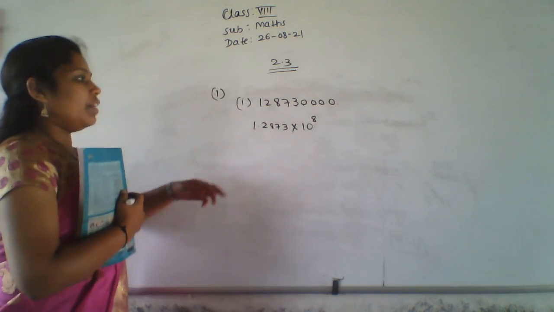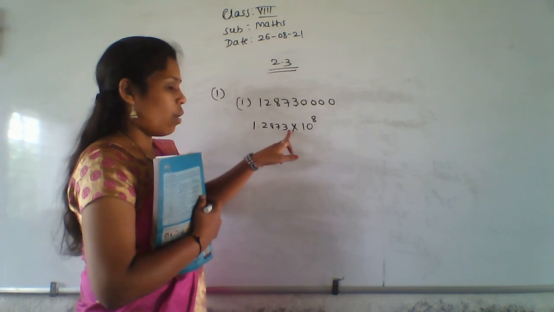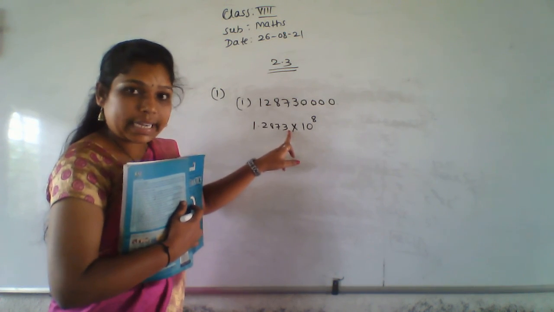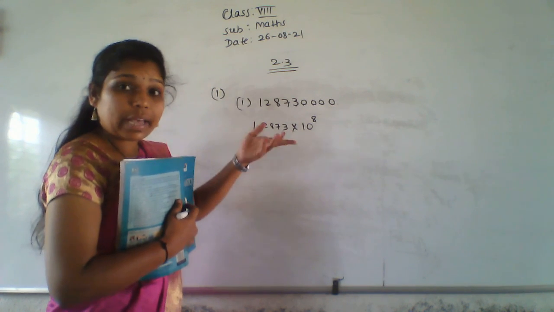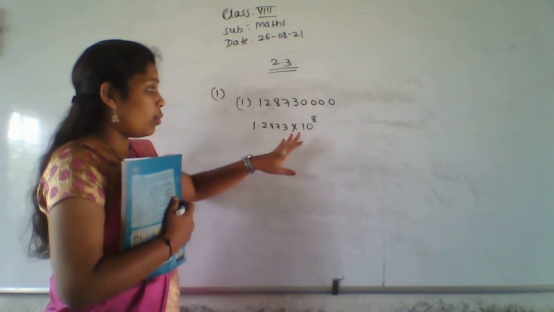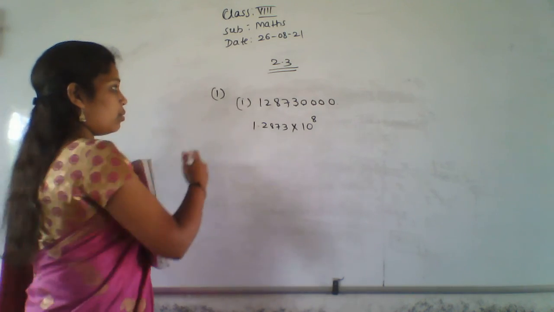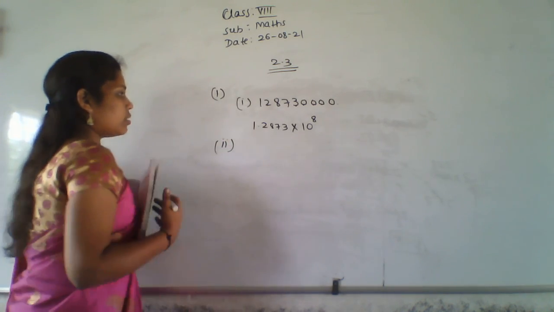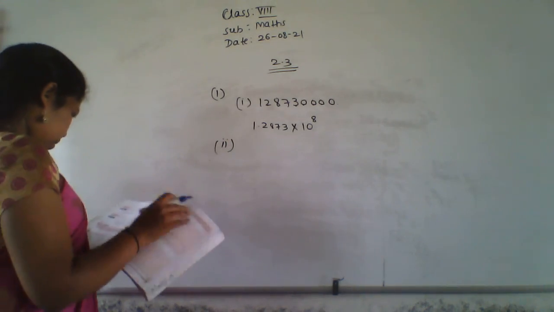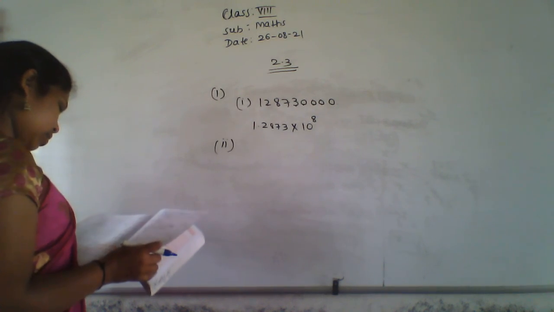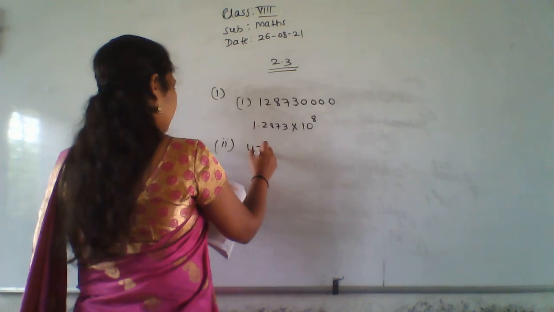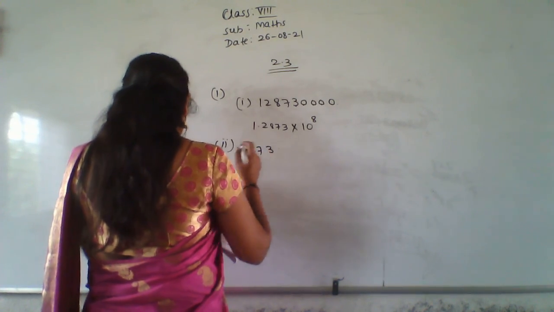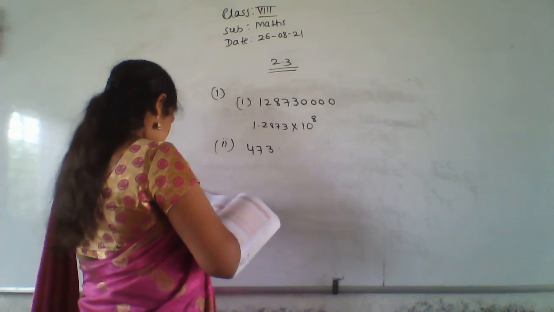And we can write zeros here or not. It doesn't matter. After a point, if there is a zero, then you can write it, otherwise you needn't. Both are correct. Now we'll go for the second one. 473, how many zeros are there? 7 zeros are there.